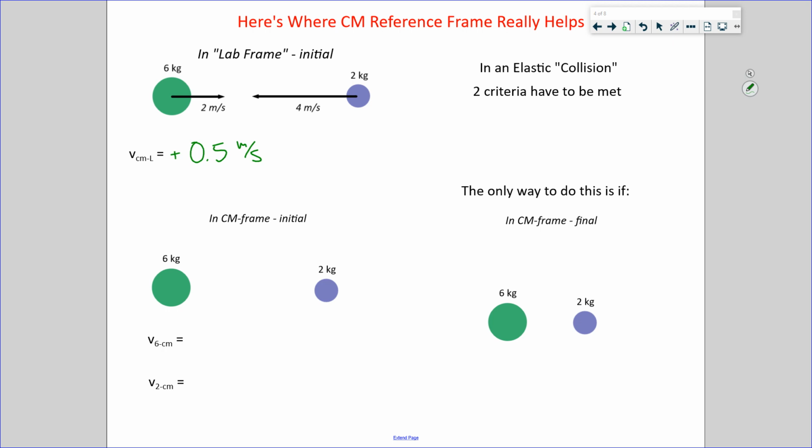Initially, from the center of mass frame, this thing is moving at a speed of 1.5 meters per second relative to the center of mass. This thing is moving at a speed of 4.5 meters per second relative to the center of mass.